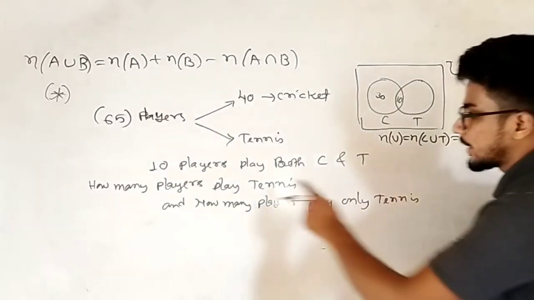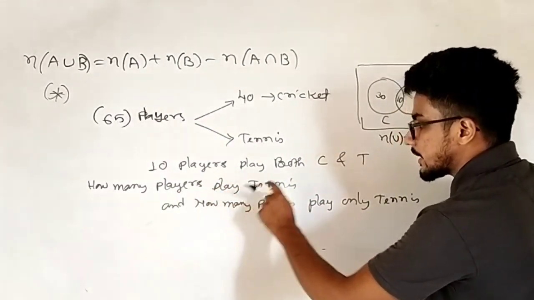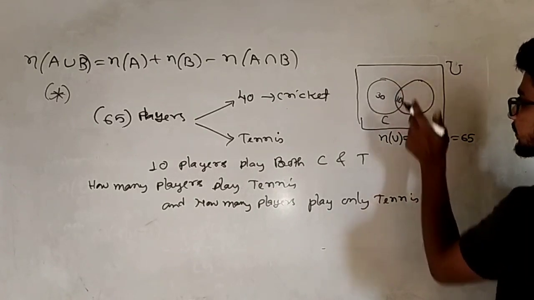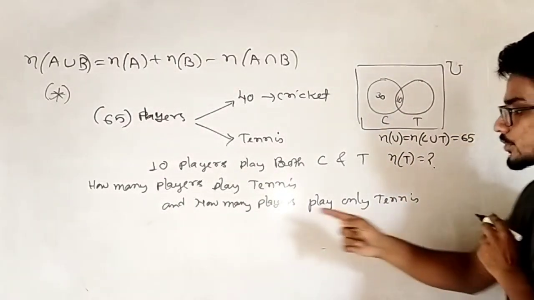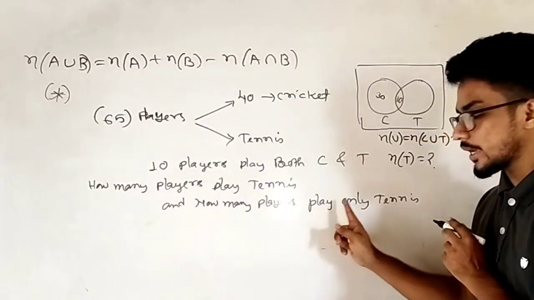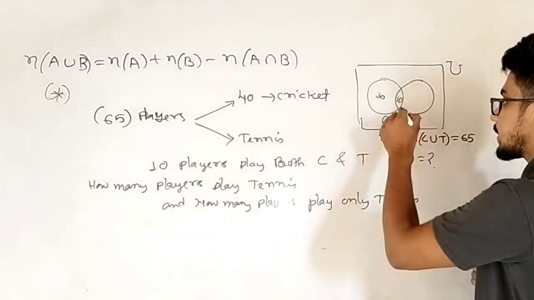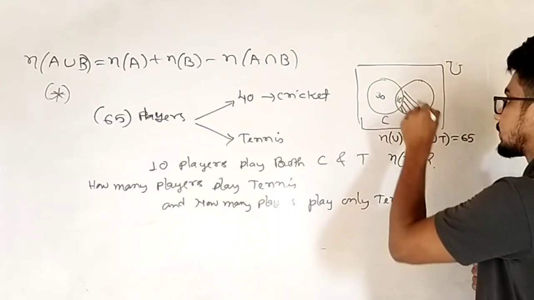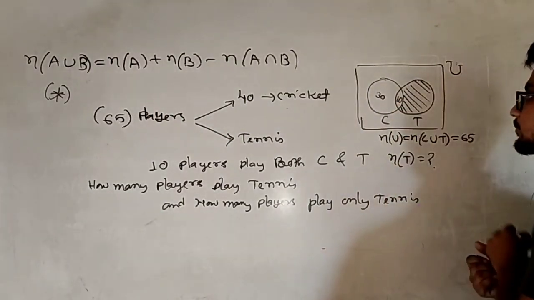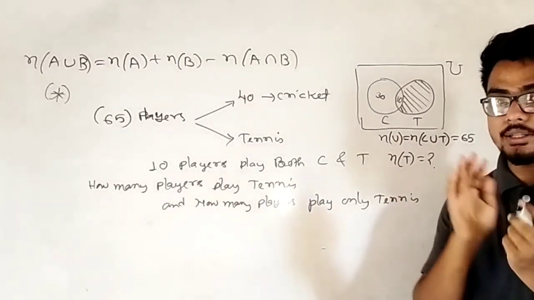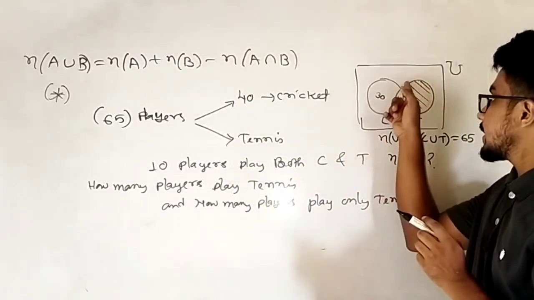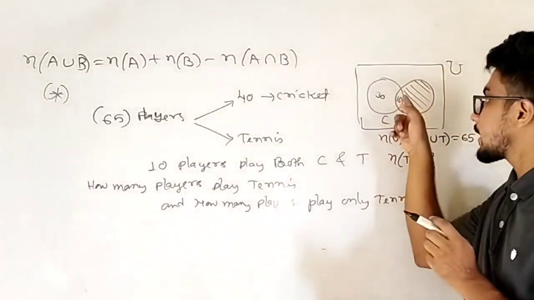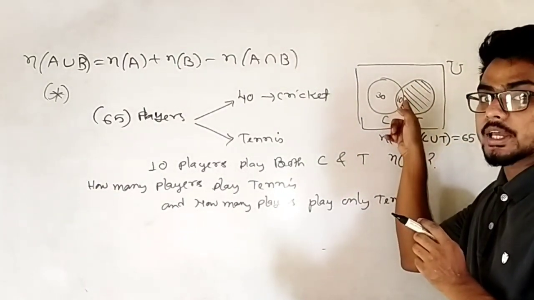Now we have to find how many players play tennis. That means the whole set T, number of T. And the next question, how many players play only tennis? Only tennis means this set, only tennis, not cricket. If you take the whole tennis set, this part will also come, which is in cricket.